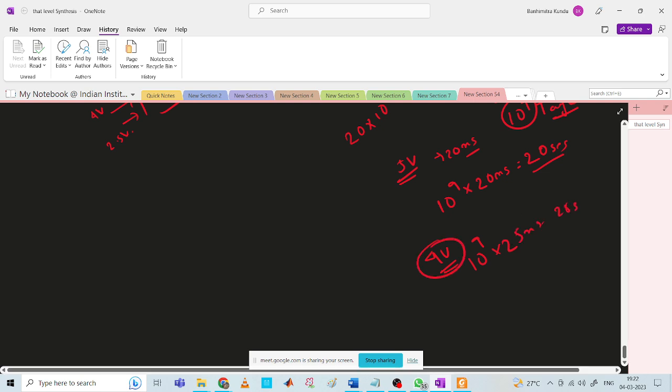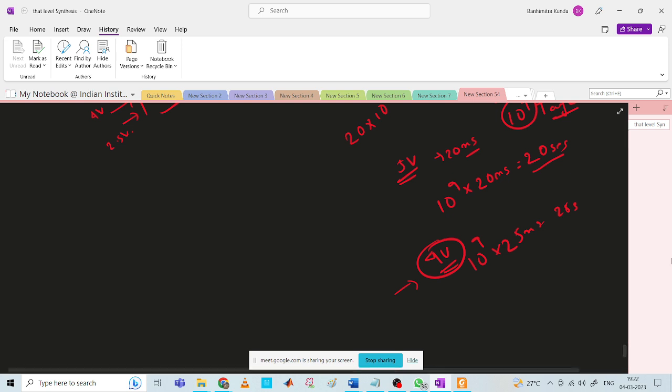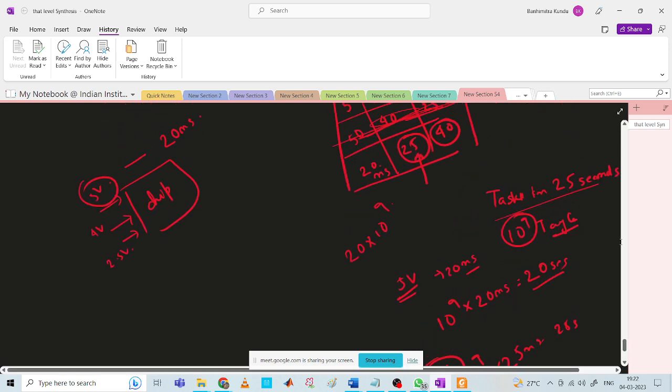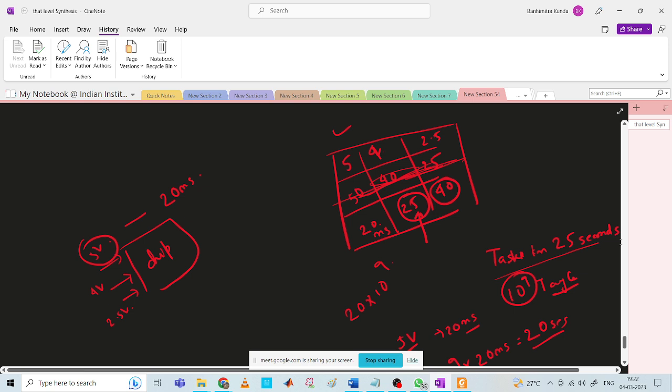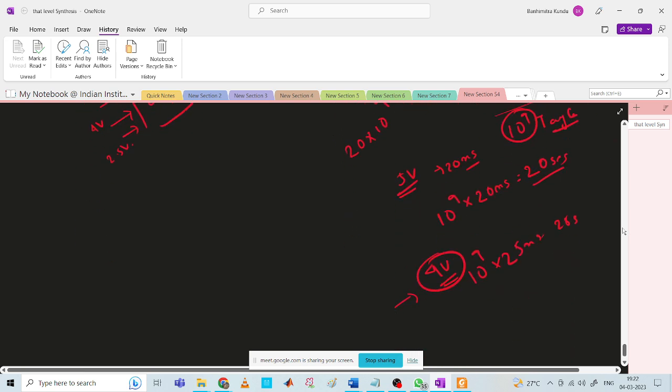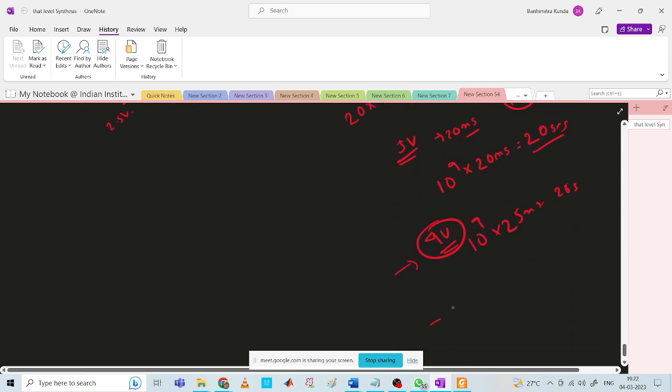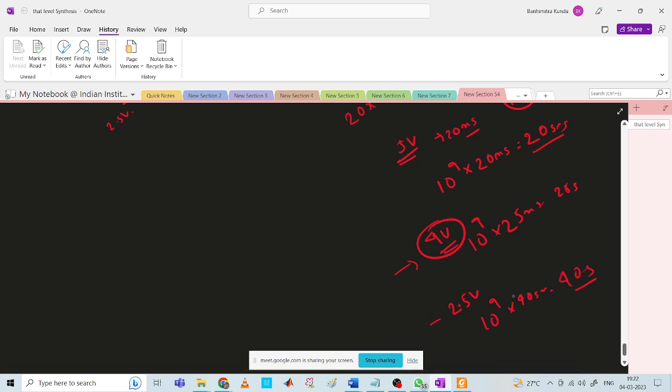So if you run the system at 4 volts instead of 5 volts, then you can finish the task just at the right time. But if you run your system at 2.5 volts, then you have 10 to the power 9 into 40 nanoseconds, means 40 seconds, which is beyond the deadline. So you cannot use 2.5 volts at all.